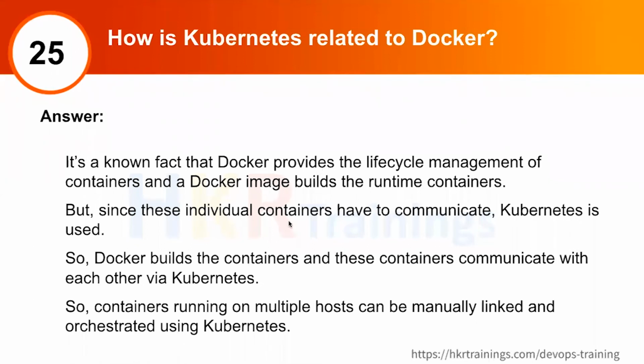But since these individual containers have to communicate, Kubernetes is used. Docker builds the containers, and these containers communicate with each other via Kubernetes. So containers running on multiple hosts can be linked and orchestrated using Kubernetes.